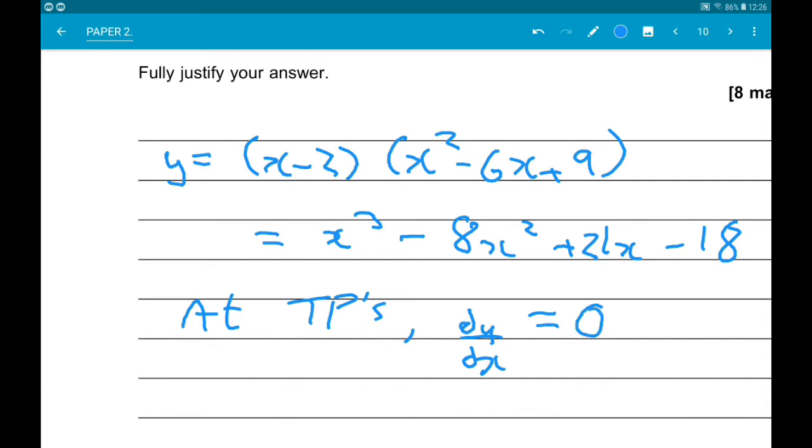Very important to write down things like that to get full marks. So now we're going to differentiate.